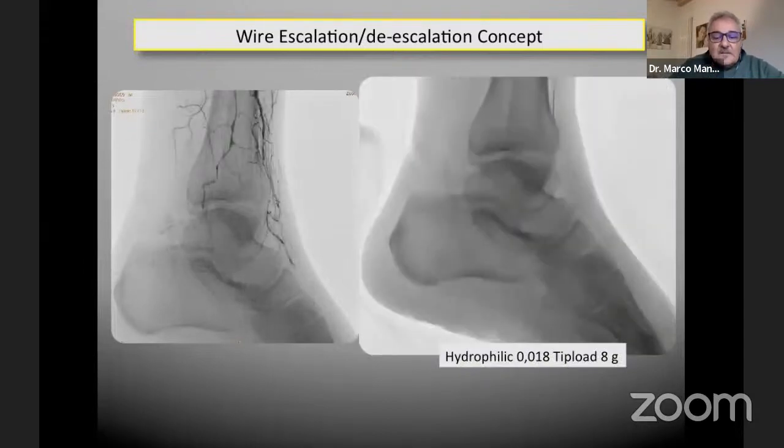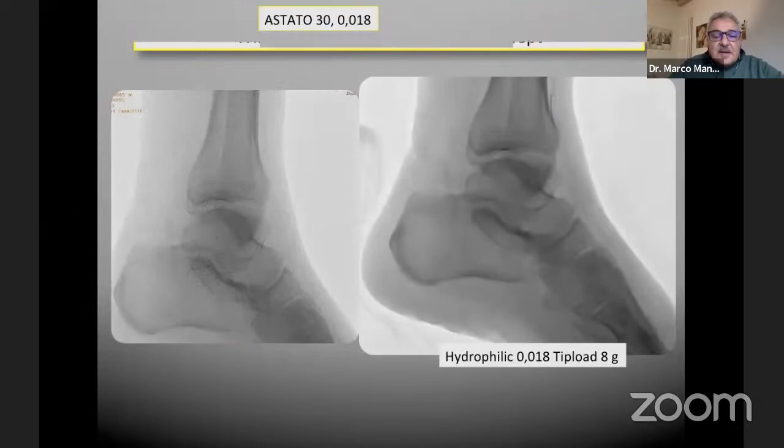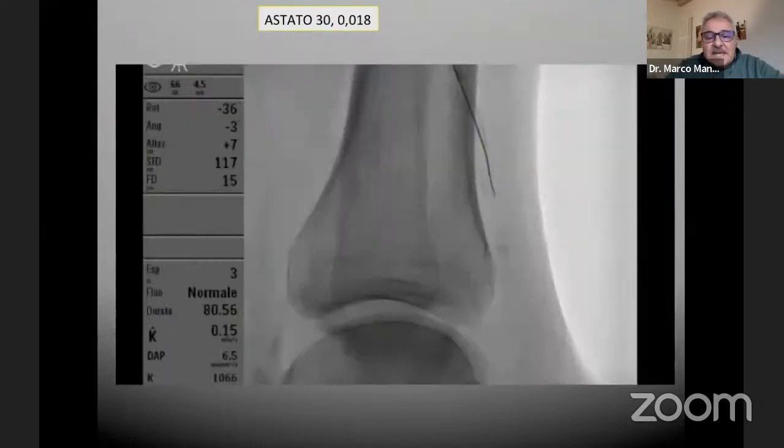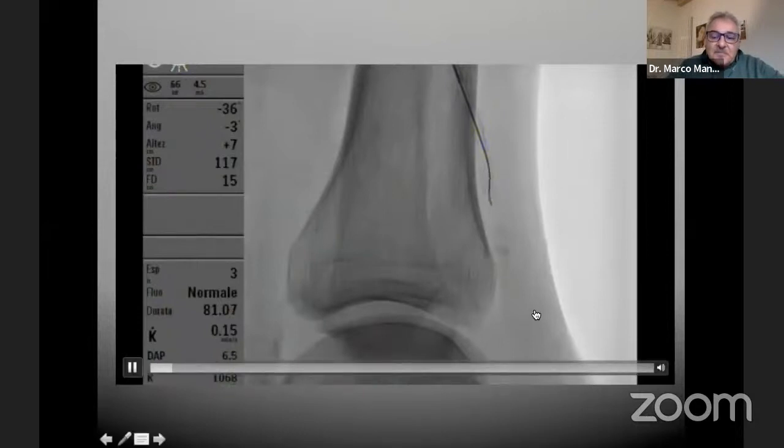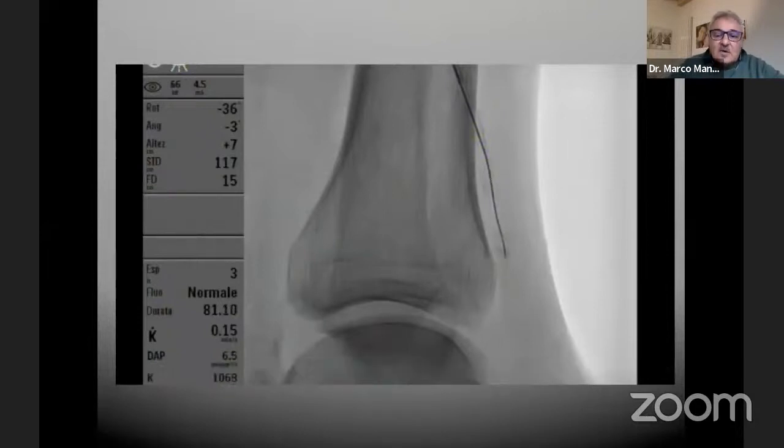So the next step is to become more and more aggressive. After the 8 grams, we start with the 30 grams Astato wire.